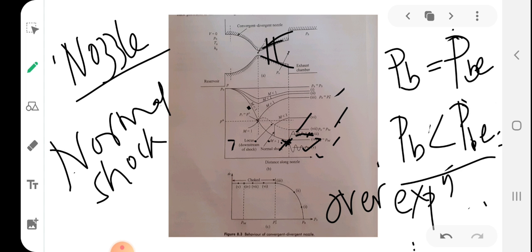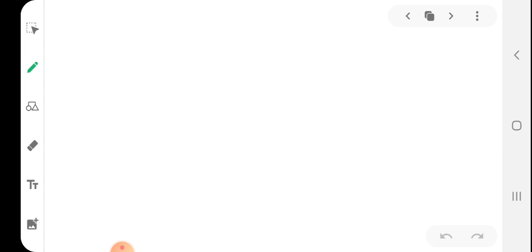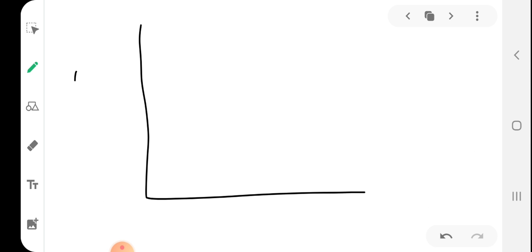Okay, so I will put this scenario in a very simple form. Suppose this is the back pressure PB, and this is the length of this convergent divergent nozzle.